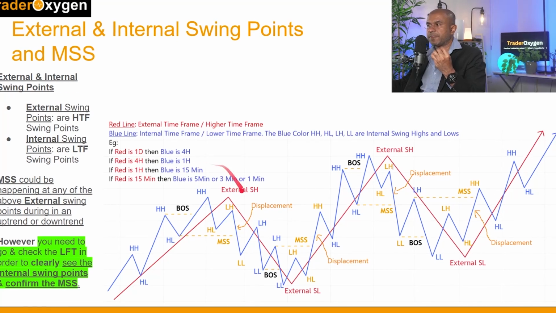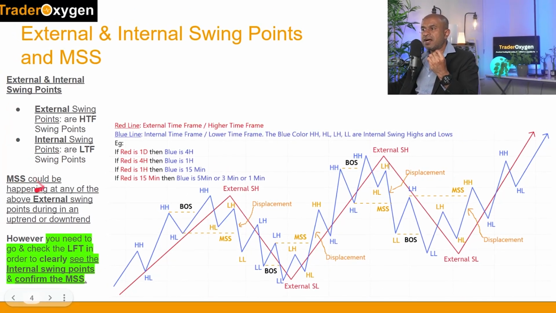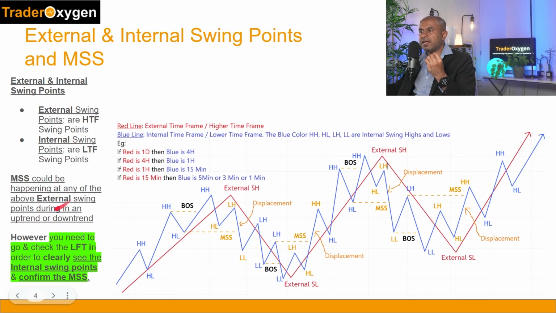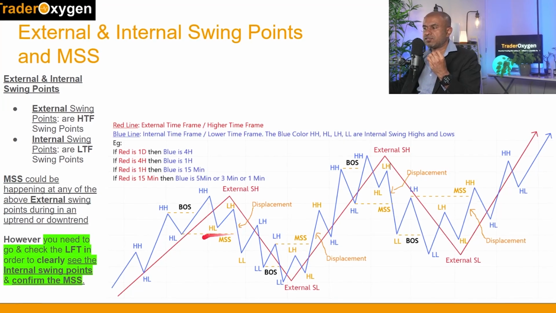15 minutes. So basically, the market structure shifts could be happening at these external higher time frame swing points. However, you need to go to the lower time frame in order to clarify and see the internal swing points and confirm the market structure shift. So you need to go to the lower time frame and see if there's a market structure shift.